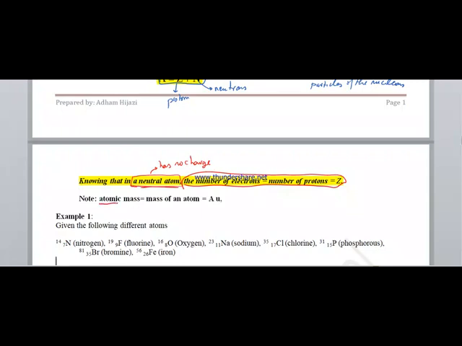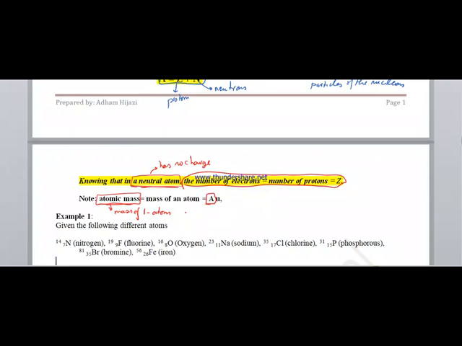Also we must know what an atomic mass is. The atomic mass is the mass of one atom. Its value is equal to the mass number.